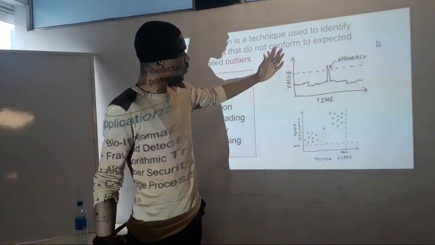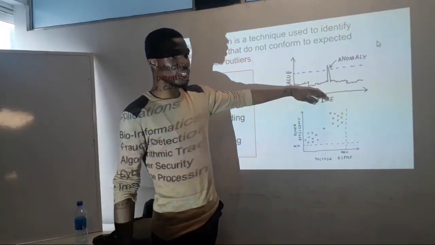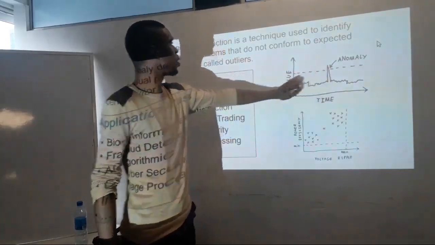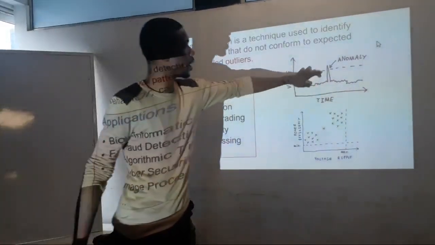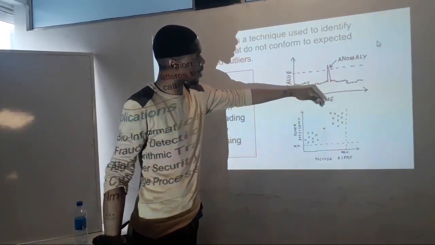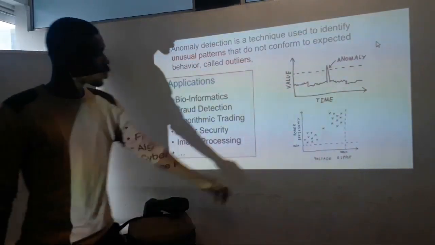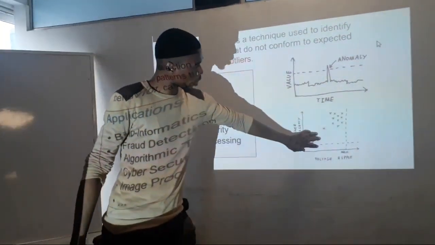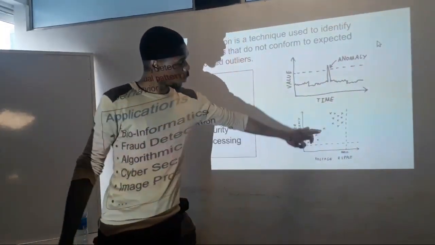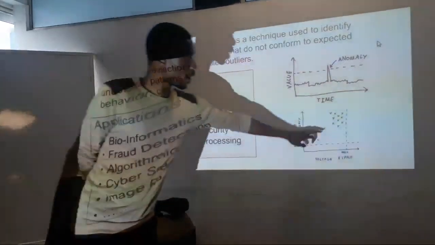Let's say you have a reading, everything is going fine, and all of a sudden you have an unusual behavior here. If you compare this part to other parts, you can see this is an anomaly in this reading, right? Also, you have a cluster here, and another cluster here. So what can we say about this? This guy is an anomaly, right?